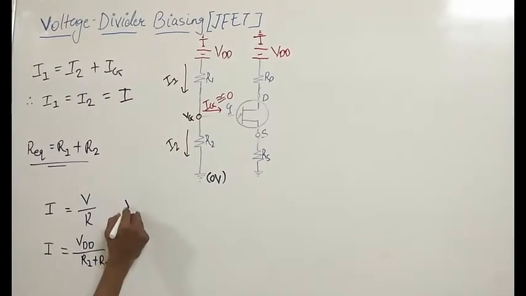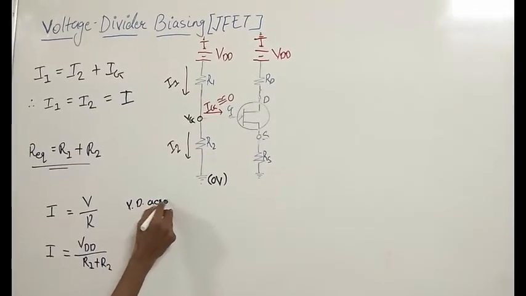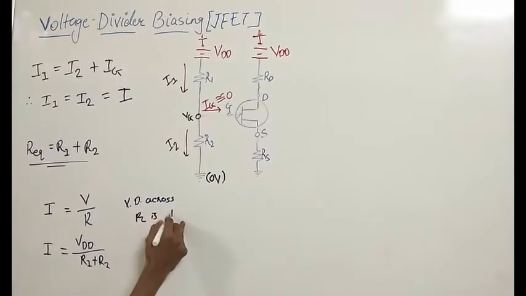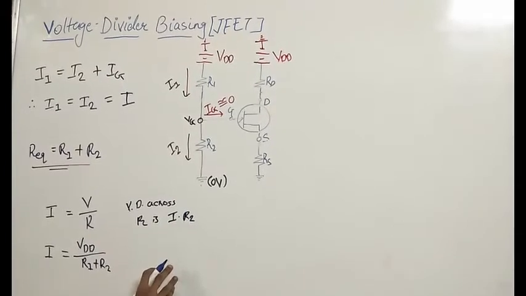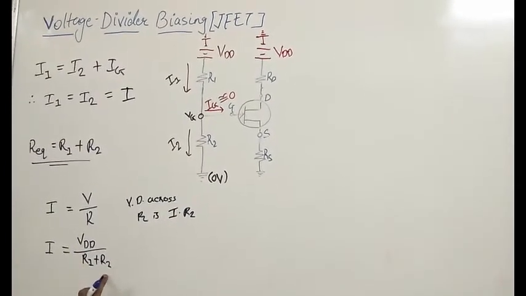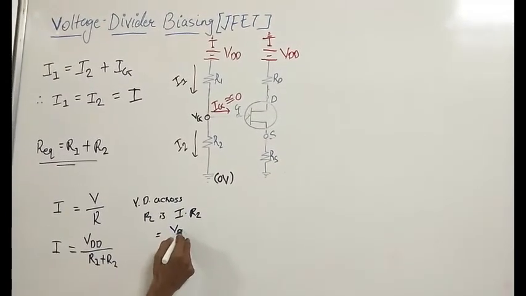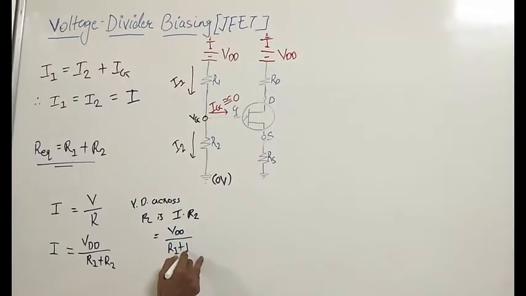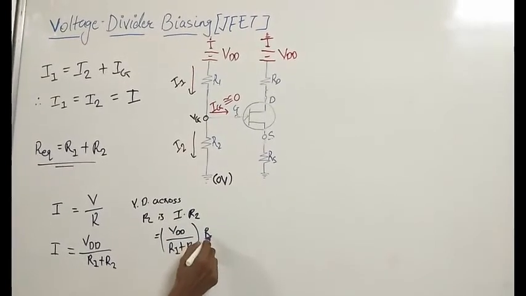So the voltage drop across R2 is I into R2. Here I is VDD upon R1 plus R2. Now we will put it here, VDD upon R1 plus R2, and this is R2.